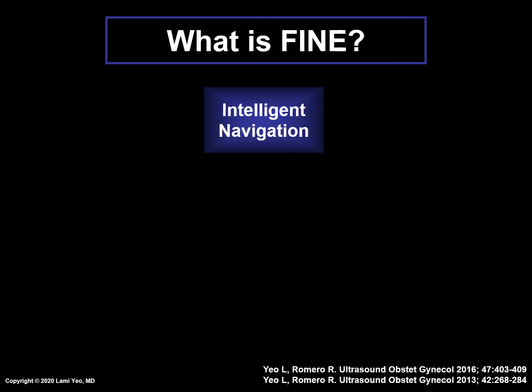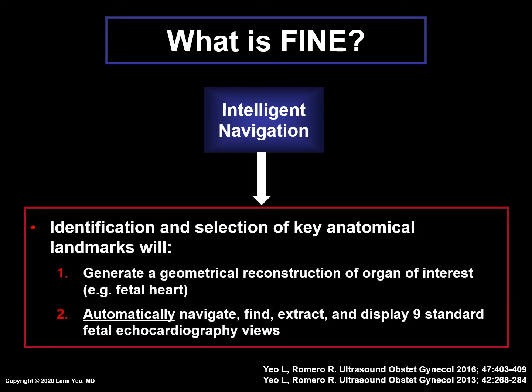By identification and selection of key anatomical landmarks, the system will generate a geometrical reconstruction or model of the organ of interest, such as the fetal heart, and then automatically navigate, find, extract, and display specific planes, in this case, 9 standard fetal echocardiography views for the FINE method.